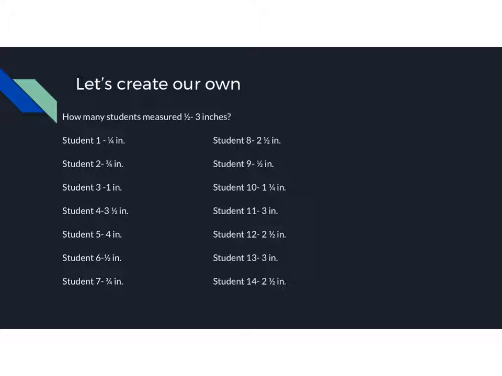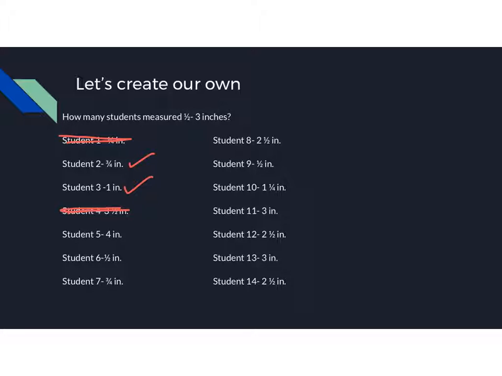We have 14 students, and the first student has a 4th. Does a 4th come between 1/2 and 3 inches? No. So student 1 will not be on our graph. Does 3/4? Yes. So that's a keep. An inch? Yes. 3 1/2? Nope, too large.